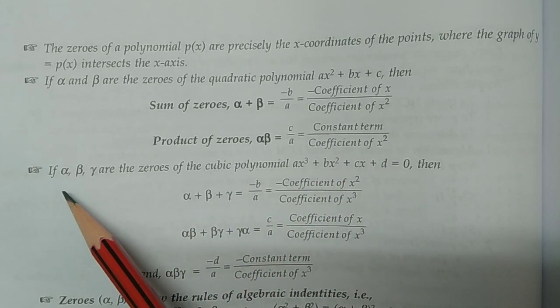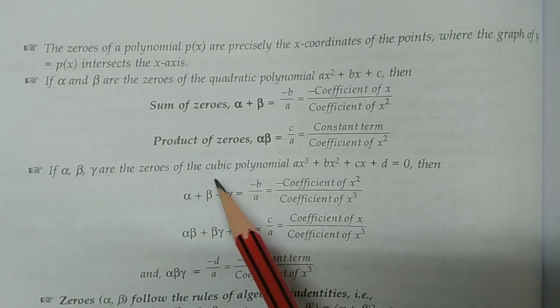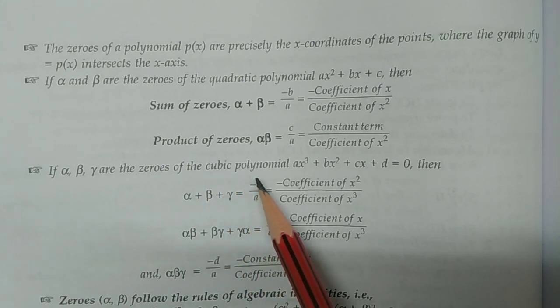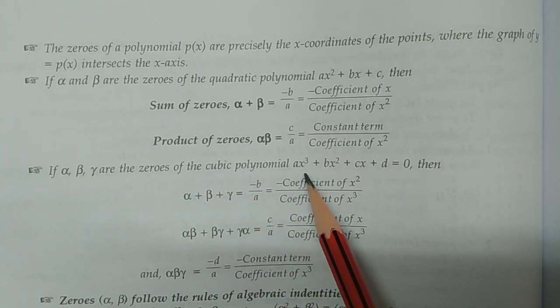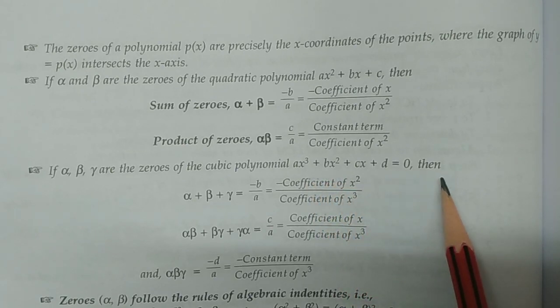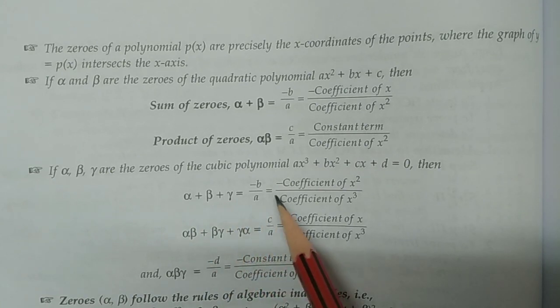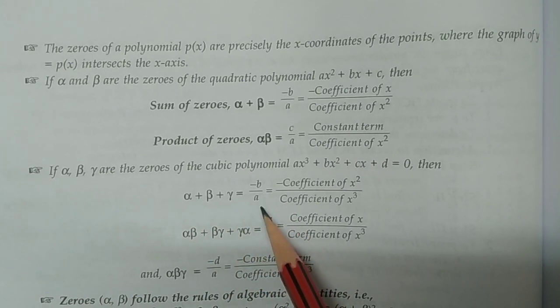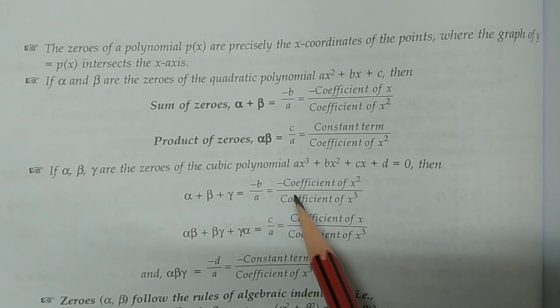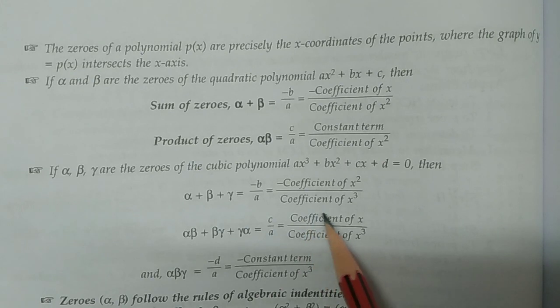Next, if alpha, beta and gamma are the zeros of the cubic polynomial ax cube plus bx square plus cx plus d equal to 0, then alpha plus beta plus gamma equal to minus b by a, equal to minus coefficient of x square by coefficient of x cube.